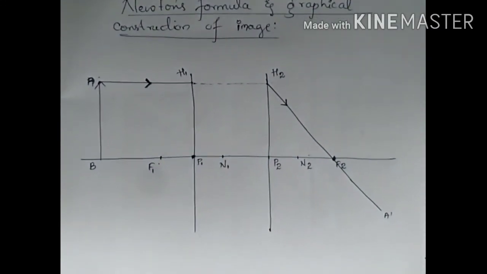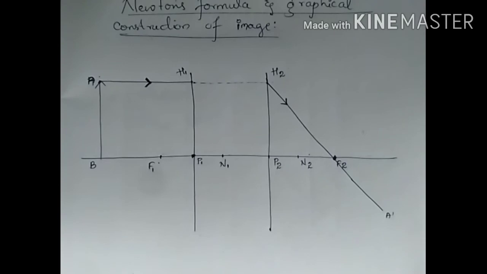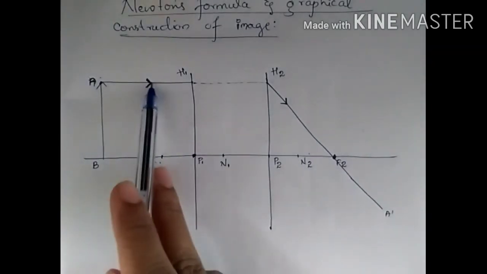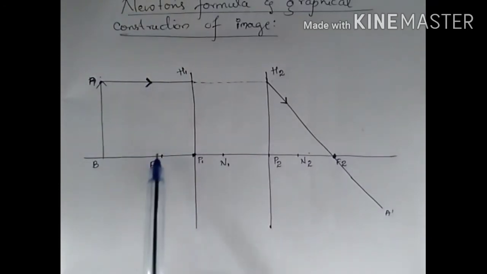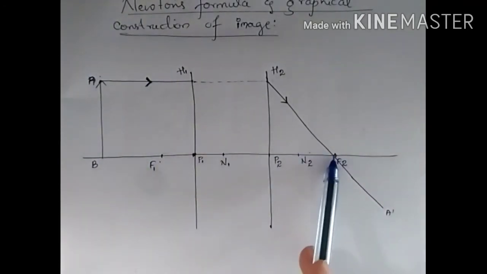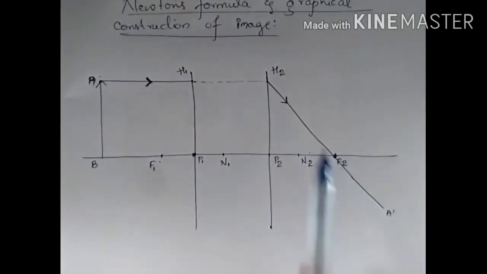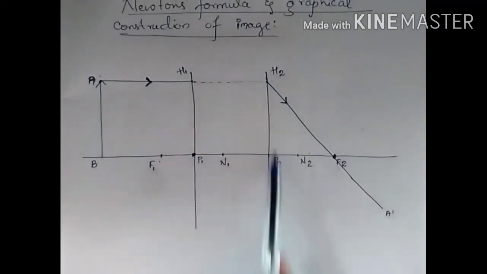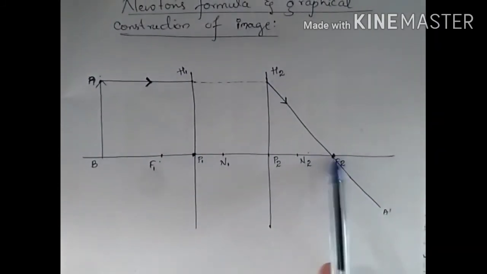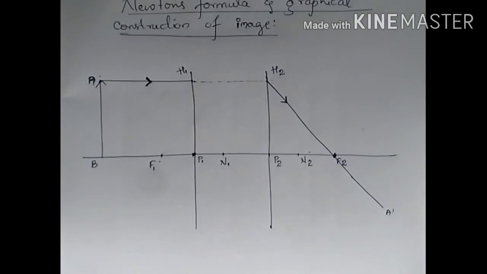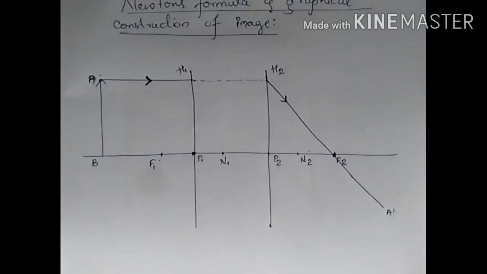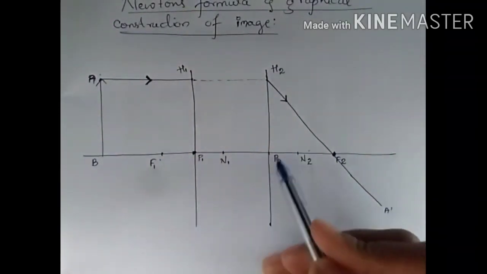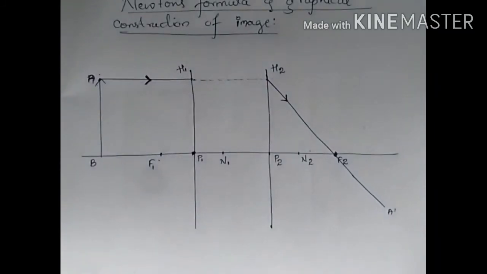So now for the first ray you have drawn how the emergent ray looks. Whenever there is a ray parallel to the principal axis, this ray emerges out from the second principal plane, passing through the second focal point. So from this diagram H1 P1 is equal to H2 P2.